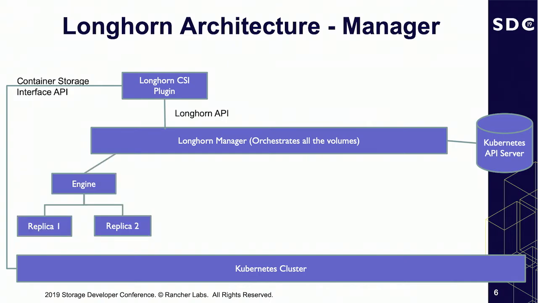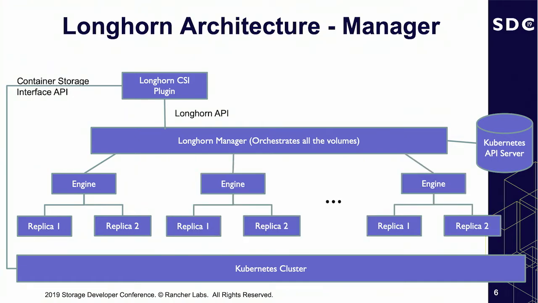Then they create this bunch of engines and replicas to create this volume, and in the end, supply it to the pod. So if you have more volumes, we just create more volume objects, and the controllers inside the Longhorn manager will create more engines and replicas to satisfy the demand.